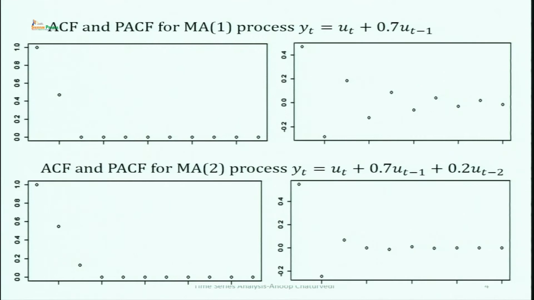You observe that the ACF vanishes: the first autocorrelation is non-zero, and the rest are equal to 0. But the partial autocorrelation function oscillates between positive and negative values.